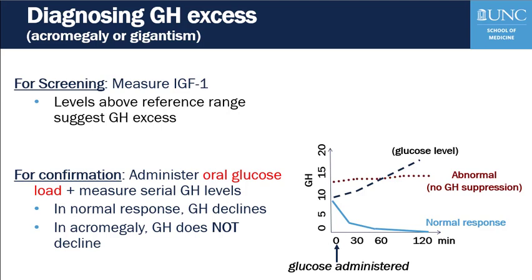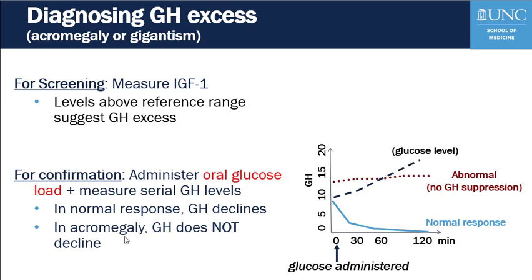So in a typical response, when the blood sugar is raised by an oral glucose load, the growth hormone should decline, and that's represented by the blue line here, where you see by 1 hour and certainly by 2 hours, there's no growth hormone left because of the high blood sugar that's been induced by the oral glucose ingestion.